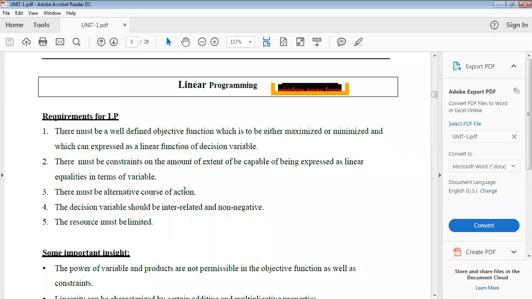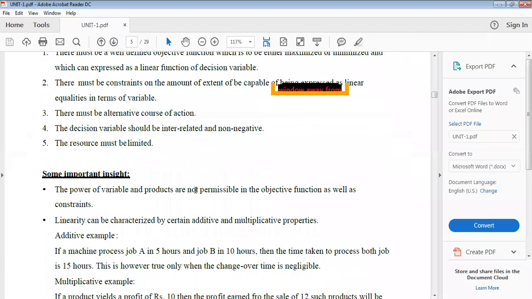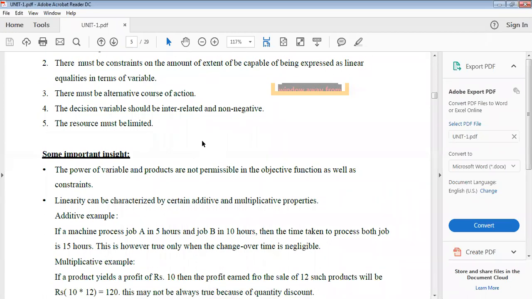Resources must be limited means, for the existence of a particular factory, resources are to be limited. You cannot take all the resources into your factory and pile them as inventory. So resources are to be maintained limitedly.